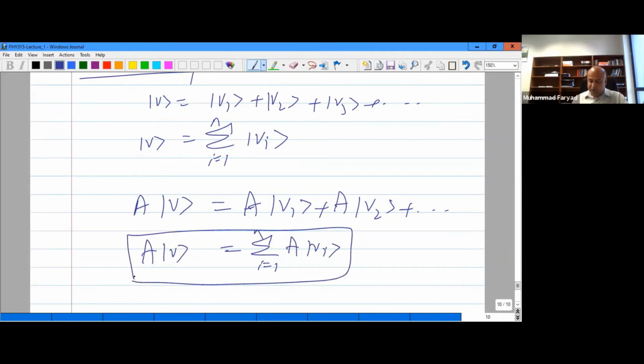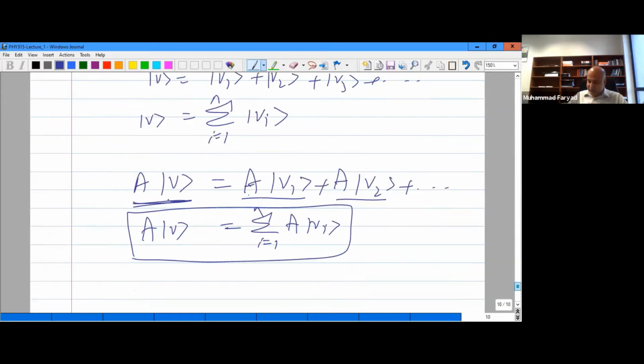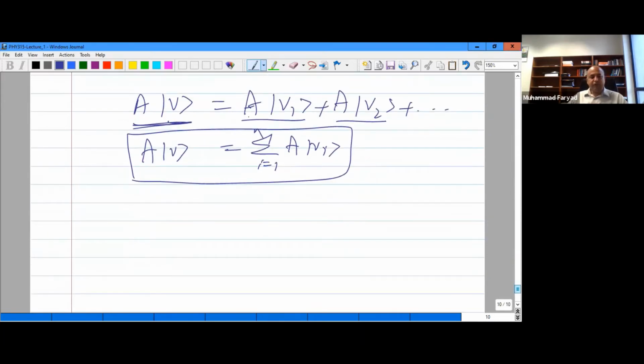So this is what we call a linear operator. If we can write a vector as a sum of many other vectors, and the operator A on v can be expressed as this new vector Av, as the sum obtained by operating A on the individual vectors that make up this v, then this operator A is linear. And I'm not going to show it. You can check the proof in the book if you like.